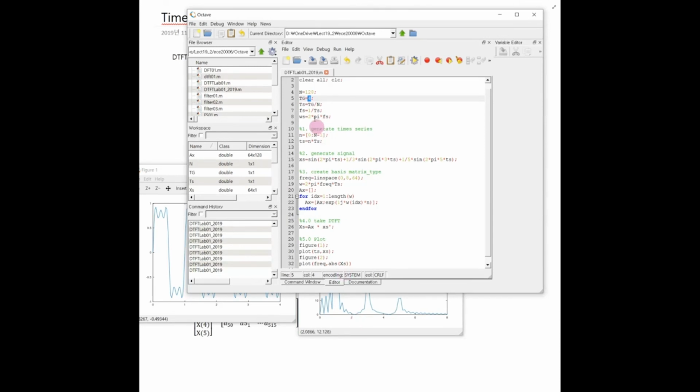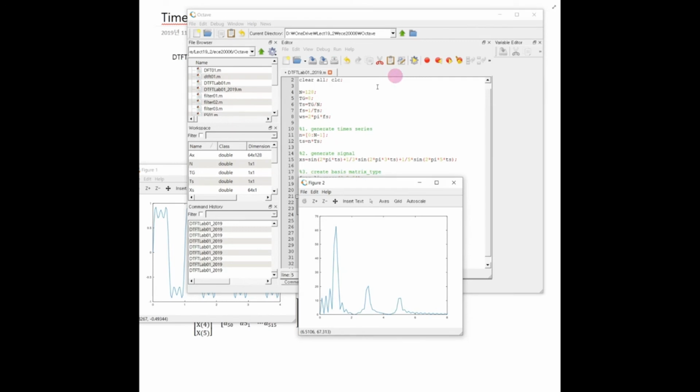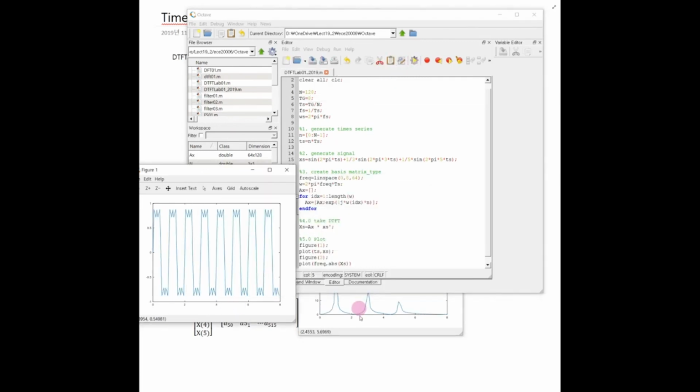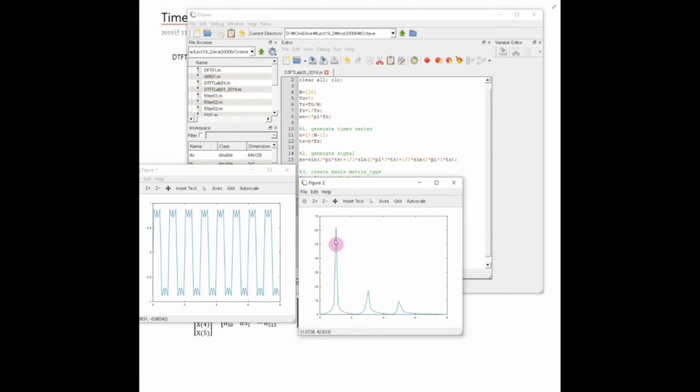If you increase this to 8, then the spectral contents will change. Let's see. Okay, see here. I extended the gating time to 8 seconds. It is a little bit sharper.